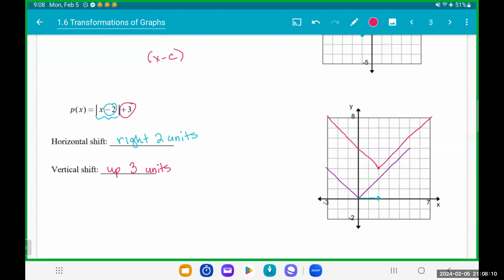Because standard form, we'll see later when we deal with circles and things like that, is x minus h or x minus k. And it all ties together. We're just not really ready for that part of the lesson this early in the course.